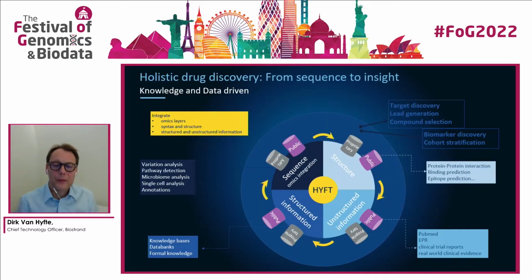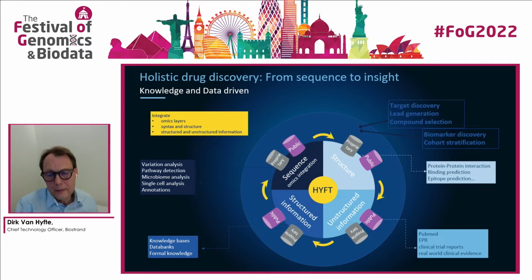We have built our BioStrand platform all around these Hyfte patterns. And you could look at our platform from different perspectives. One perspective is at the sequence level, where we see a full integration of the different omics layers between the DNA, RNA, and amino acids.